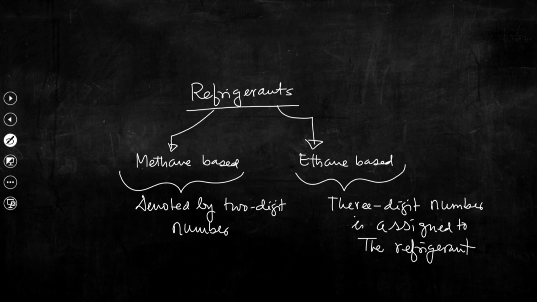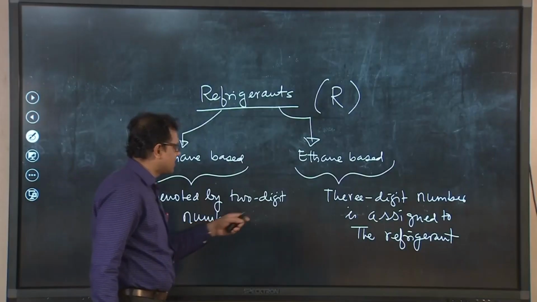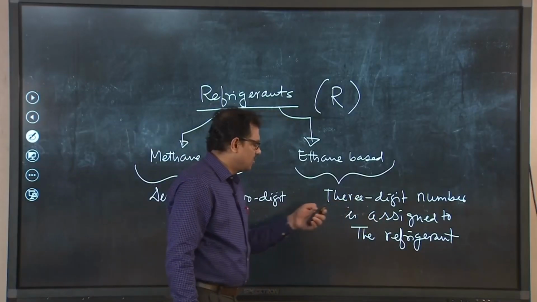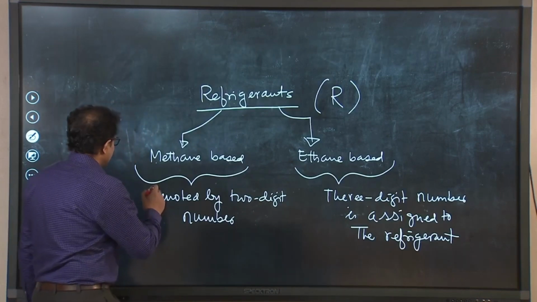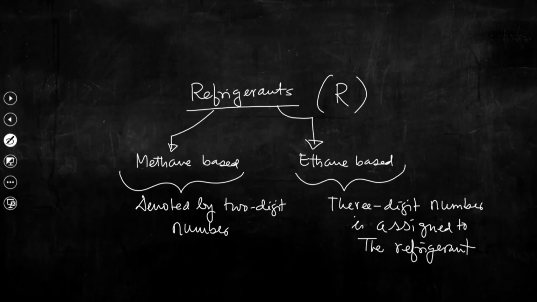So, now as I said, refrigerants are given a name that starts with R. If it is methane based it is denoted by a 2 digit number, if it is ethane based it is denoted by a 3 digit number. So, now for the methane based, let us briefly discuss here. The hydrogen atoms should be replaced by halogens, that is fluorine and chlorine atoms.